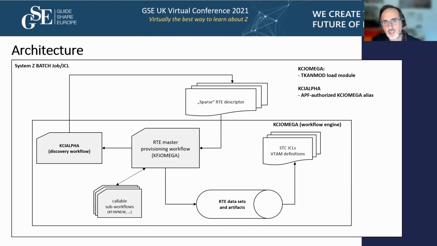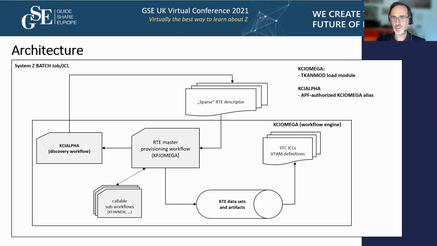A few words on the underlying architecture. I mentioned it's a batch-driven process. Essentially, we have one single batch job that drives our configuration manager actions. What the actions do is they trigger the internal workflow engine, which is called KCI Omega, to perform certain actions. Those actions are performed by workflows.